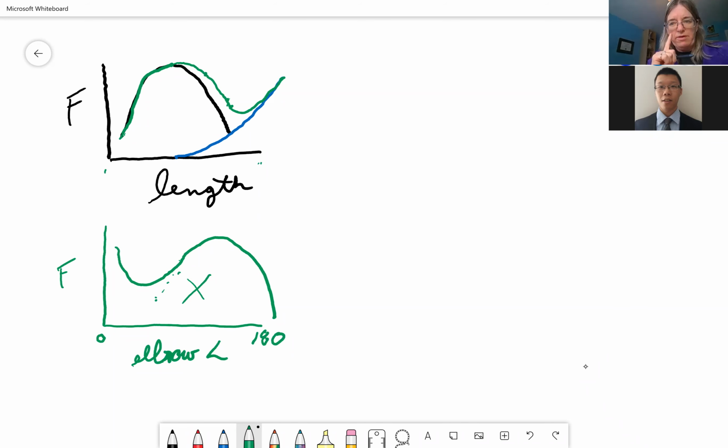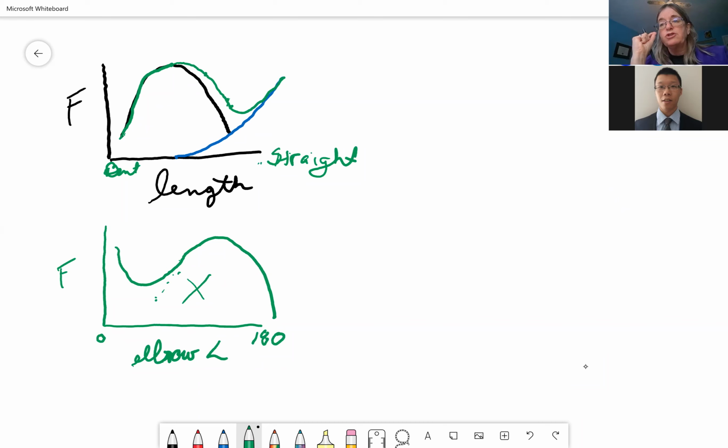Yeah, that makes sense. Only in terms of the length of the muscle. So, if I changed here and just went with 0 right here as 0 is bent, and this is a straight, then it would look very similar to that in terms of the force length.